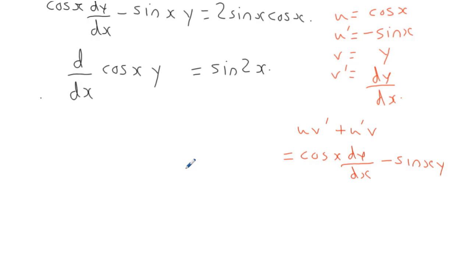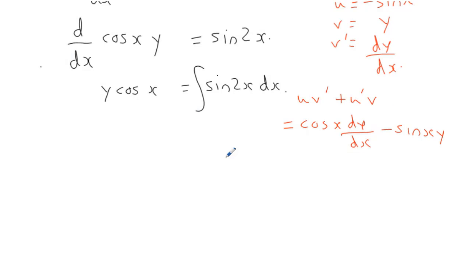If we just integrate that left-hand side, we're just undoing that derivative. So that's just going to be y cos x. So y cos x equals the integral of sine 2x dx. That is quite a friendly integral.